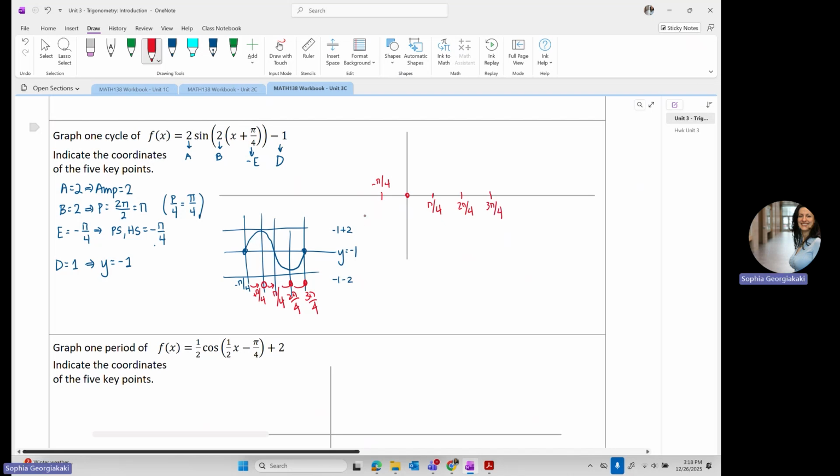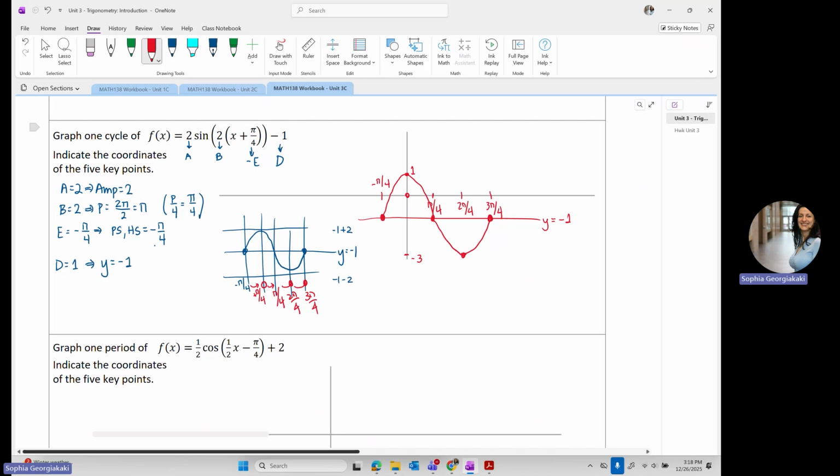The midline is y equal to -1 over here. The highest y is 1. The lowest y is -3. So I'm going to start at negative pi quarters. I'm going to go to the highest point, back to the midline, to the lowest point, back to the midline.